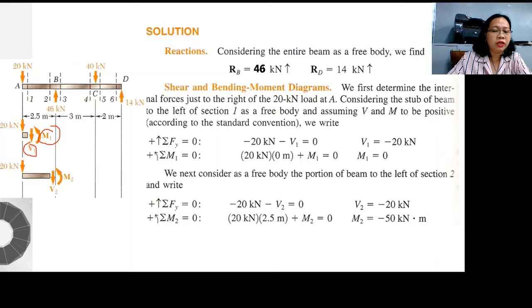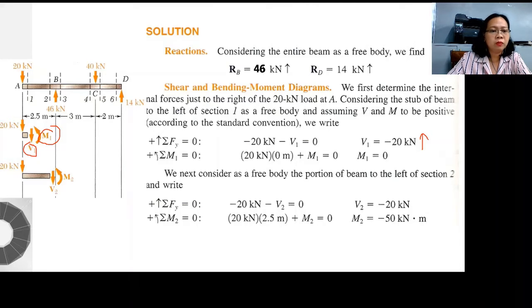Therefore, your V1 is negative 20. So our assumption that V1 is going down is negative, therefore our V is going up. Why? Obviously, because at this point, if 20 kilonewton is applied downwards, then this shear here, V1, should be upwards to resist the force 20 kilonewton.